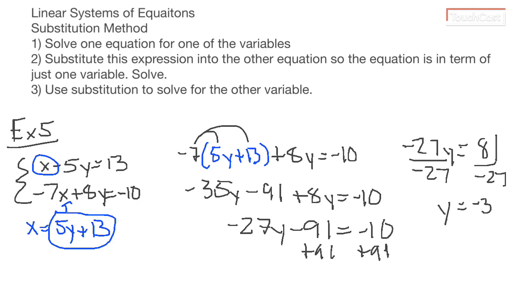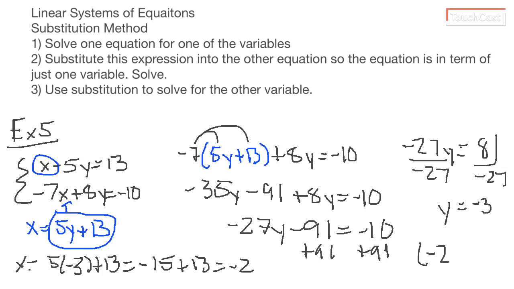I'm even going to take a little shortcut and put it into the blue equation we wrote. So x is going to equal 5 times negative 3 plus 13, which means that's negative 15 plus 13, which means it's negative 2. So our ordered pair is going to be negative 2, comma negative 3.